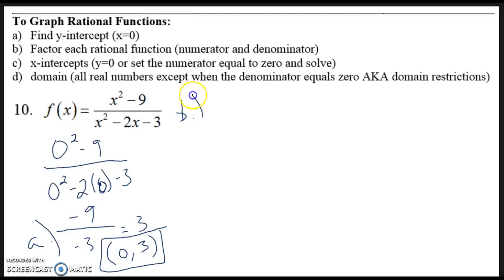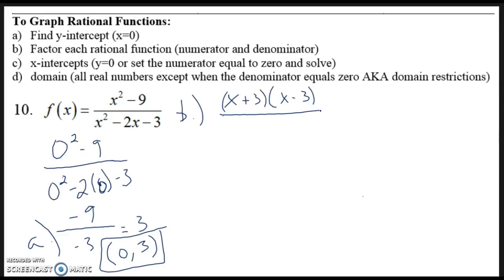All right. Part B. I need to factor everybody. I need to multiply to negative 9 and add to 0. So that's a difference of perfect squares. So that's x plus 3, x minus 3. All divided by, I've got x squared minus 2x minus 3. So that's going to be a negative 3 and a positive 1.